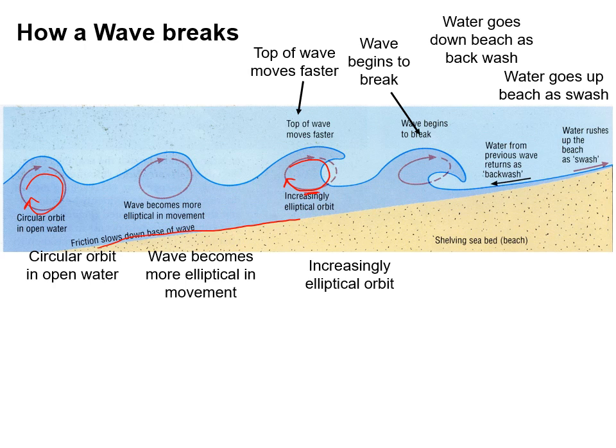The top has less friction, so the top is able to move forward faster. So a wave will start to break. The top of that wave will start to crash over the bottom of it. As you get even closer to the shore, the top of that wave will crash over even more because there is less friction affecting it. That wave then crashes down onto our beach, pushing material up the beach, a swash.